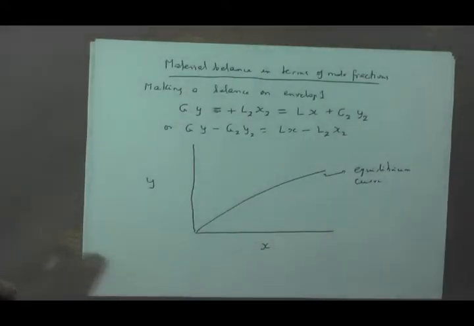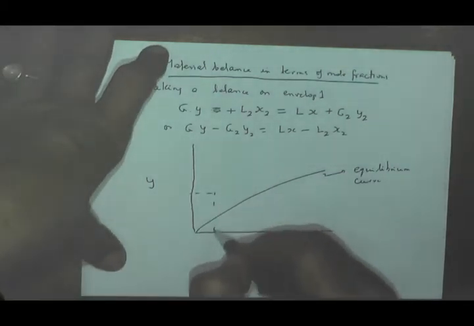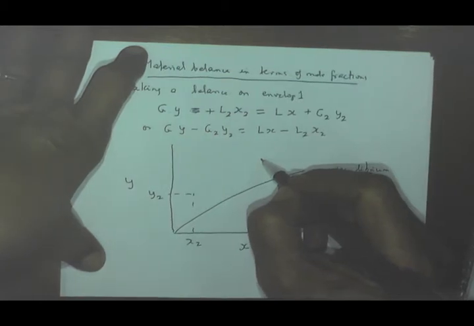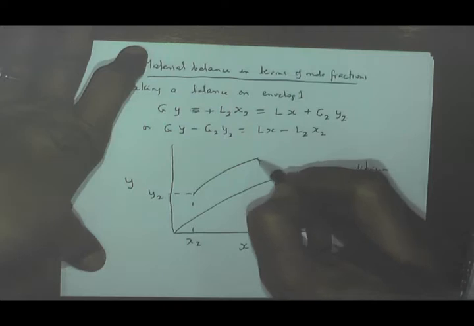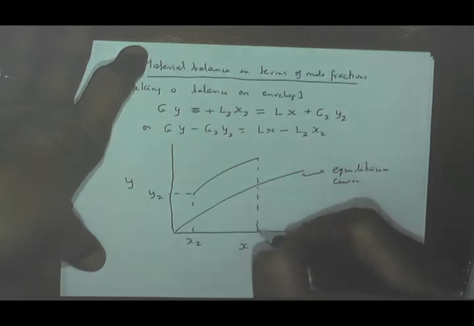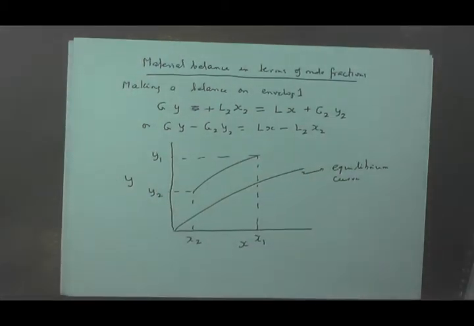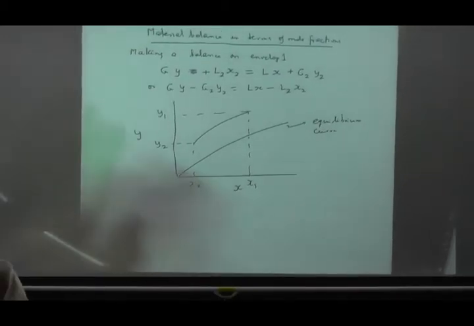But basically, let's say this is the equilibrium curve. Now let's say this is x2 y2, and let's say this is x1 y1. Now the difference is, you can see, what is the difference? So this is the operating curve.